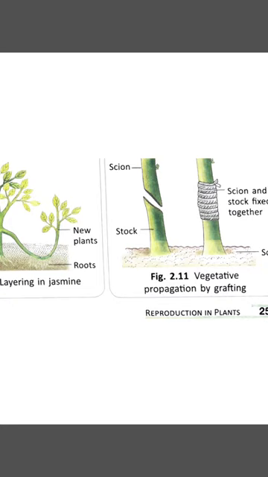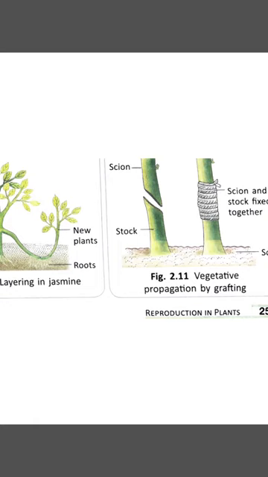What happens after that is the nutrients supplied to the soil are sent to the scion also, and after some time their tissues get together, or you can say they join together to form a new plant, as the stock supplies the essential nutrients to the scion.